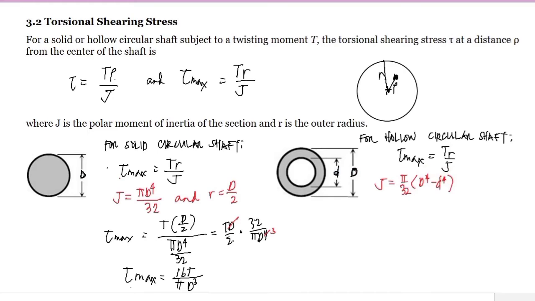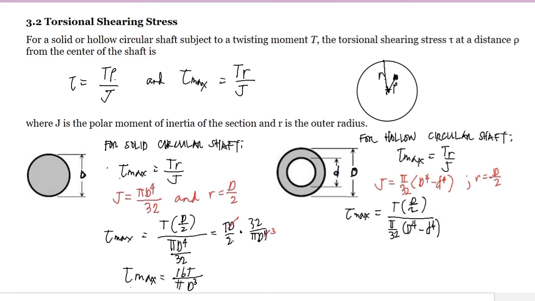And of course, here, the radius is D over 2. And we have here the maximum shearing stress is equal to T multiplied by the diameter over 2, which is equal to the radius, over the polar moment of inertia, that is pi over 32 multiplied by D to the fourth minus d to the fourth.